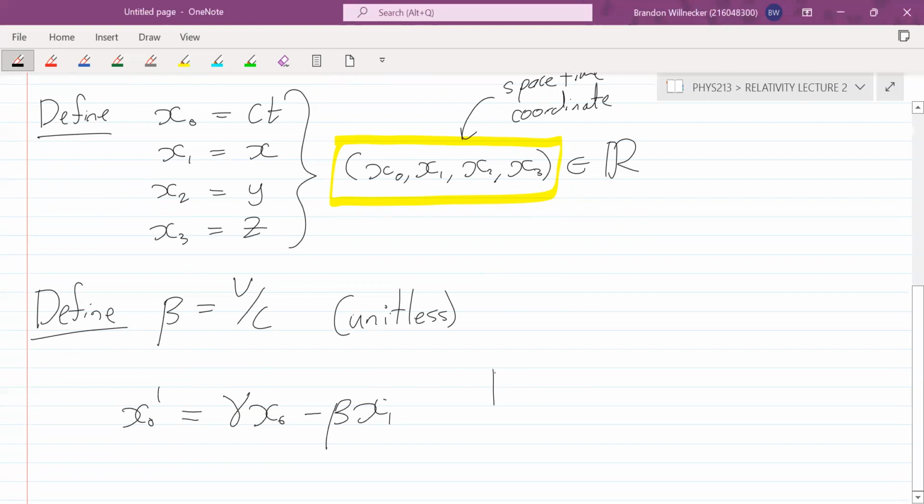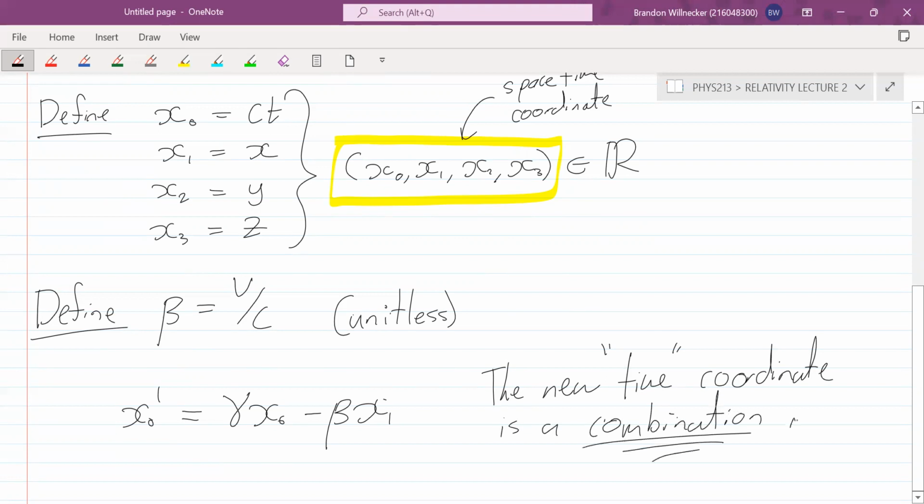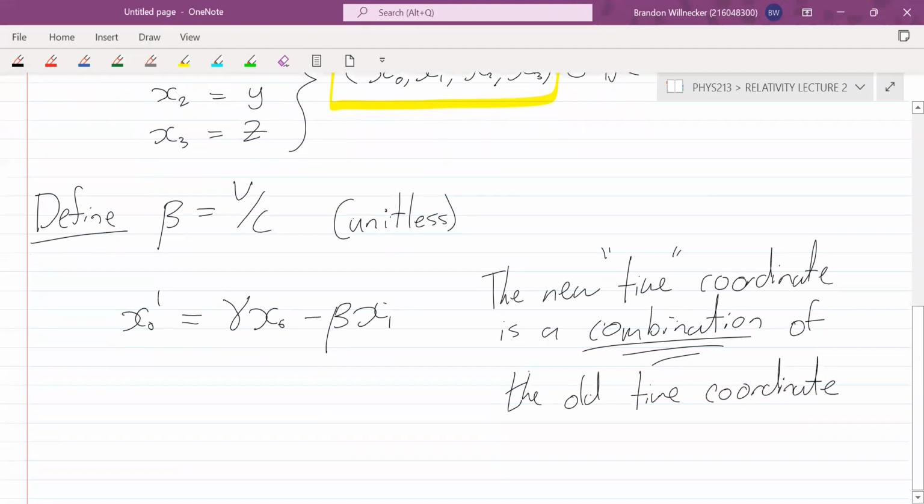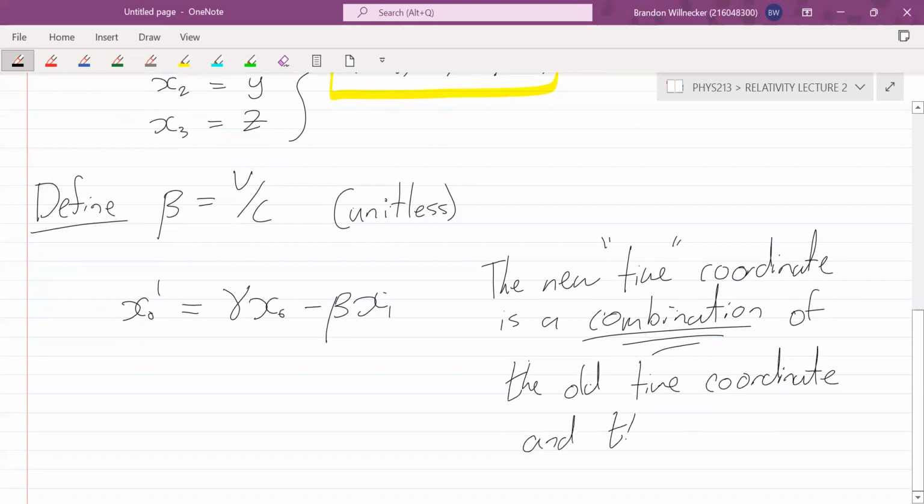So the new time coordinate, in quotation marks, the new x naught, is a combination of the old time coordinate and the old x coordinate.